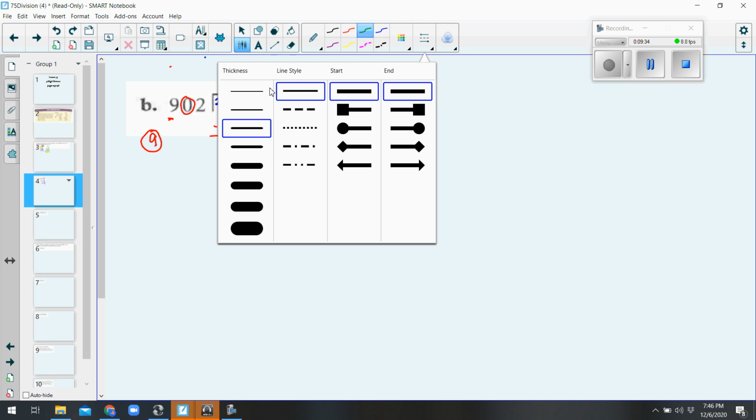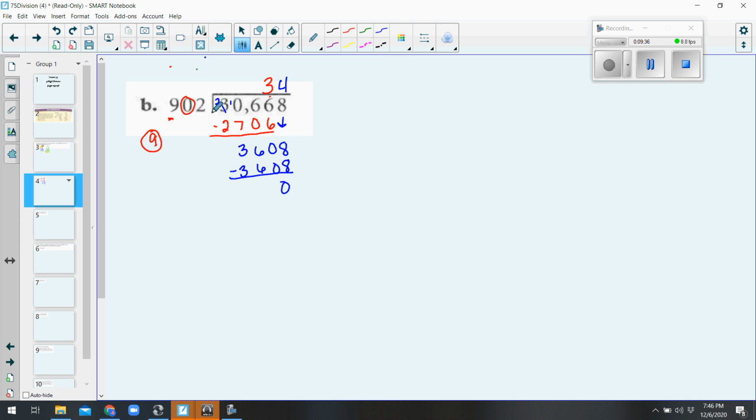Now I want to check it. So I'm going to take my divisor, 902, multiply it times my answer, my quotient, 34. So 4 times 2 is 8, 4 times 0 is 0, and 4 times 9 is 36.